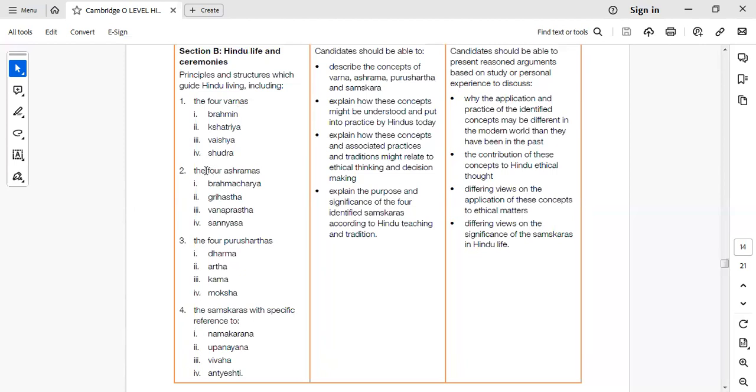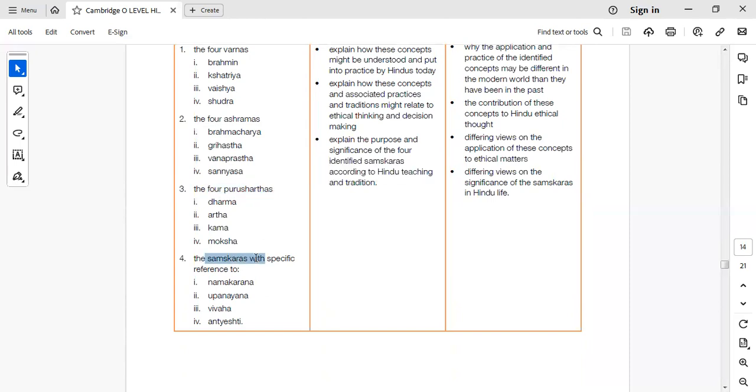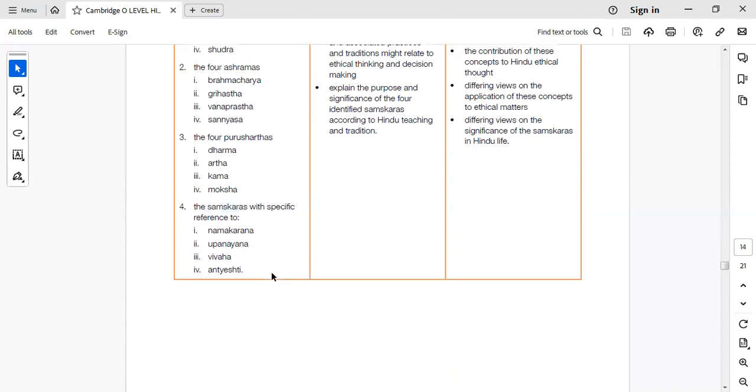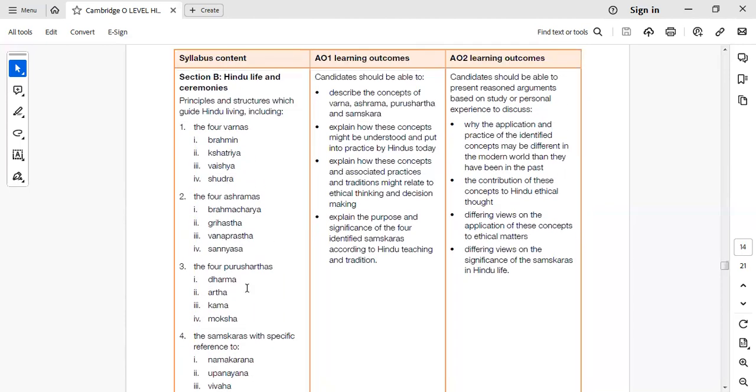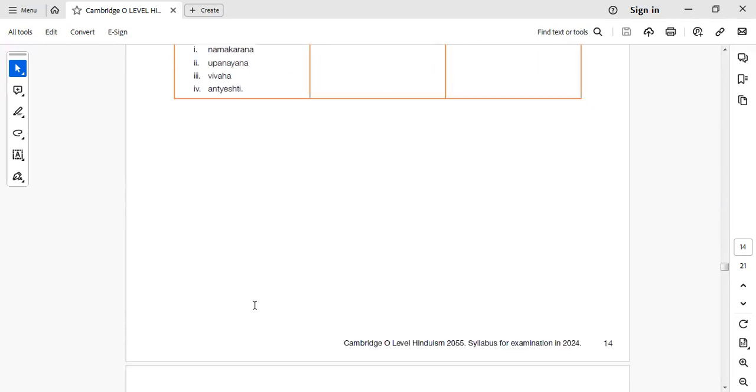The 4 Varnas, the 4 ashramas, that is the stages of life, the 4 purusharthas, the 4 objectives of life, and samskar. Usually we have 16 samskar, but in your syllabus, you have to study only 4 samskar: Namkaran, Upanayan, Vivah, and Antyeshti. Antyeshti, that is the funeral samskar, right? So this is paper 2, section B.